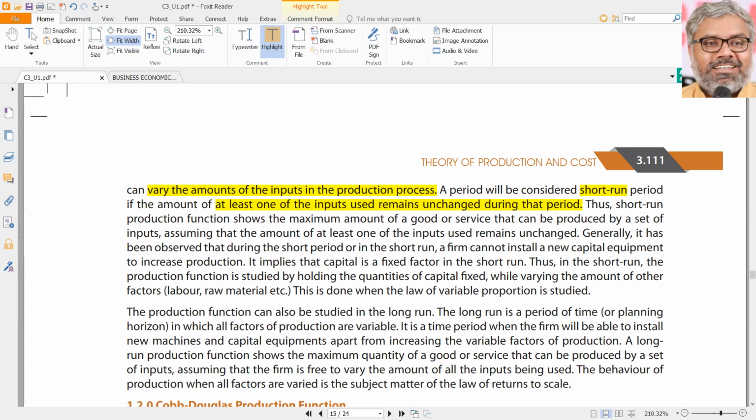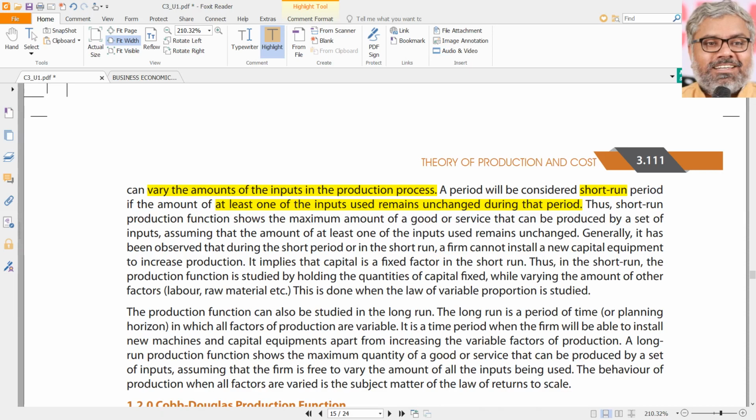But what we definitely should know is that short-term period means that period where all the inputs cannot change at the same time, just impossible. Means what? If there are, let us say, 10 different inputs which are going to result in an output, 9 inputs can be changed, but if the 10th one cannot be changed, still it becomes a short run only. If all the 10 can be changed, then only it is a long run.